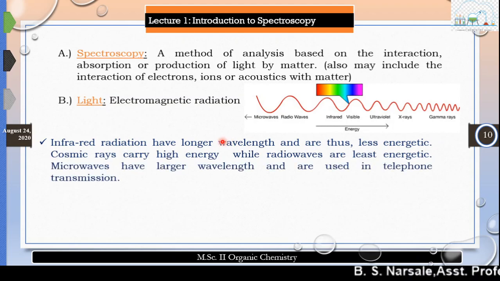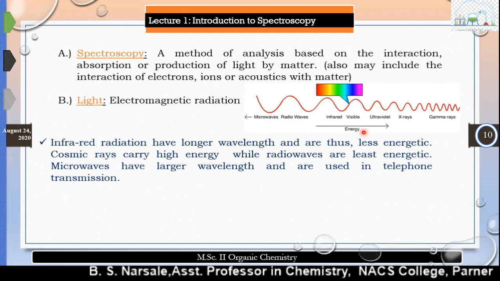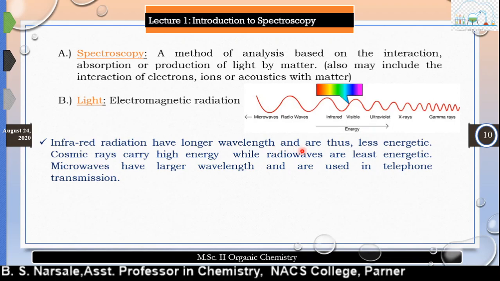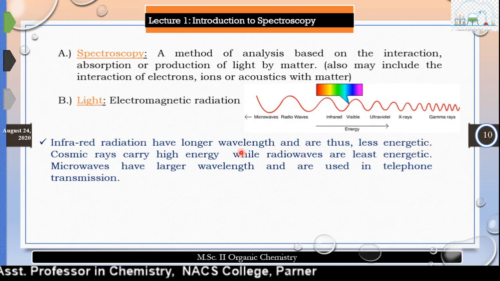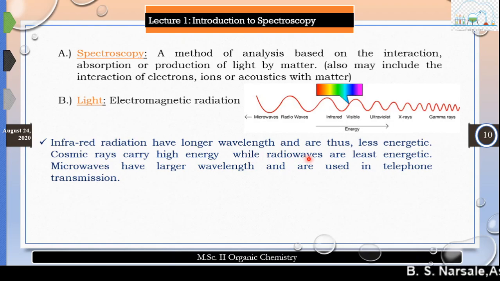Now these radiations have different wavelengths. Actually the longer wavelengths are less energetic, and cosmic rays have the maximum energy, while radio waves are the very least.